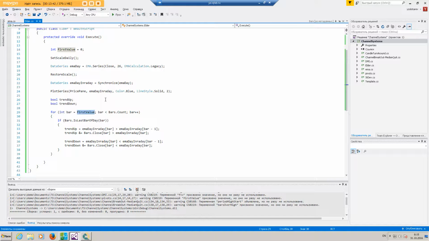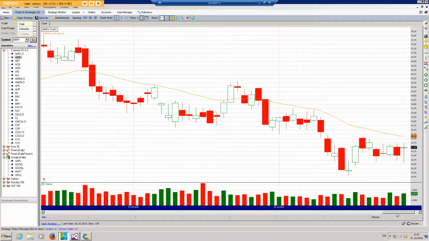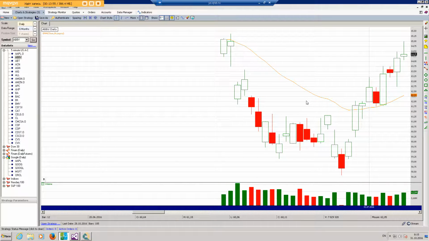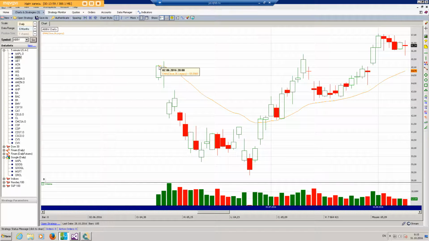And here's our daily. I know we have an EMA value here, but it's nothing. It's the close price, and here it's just these two, not 26.